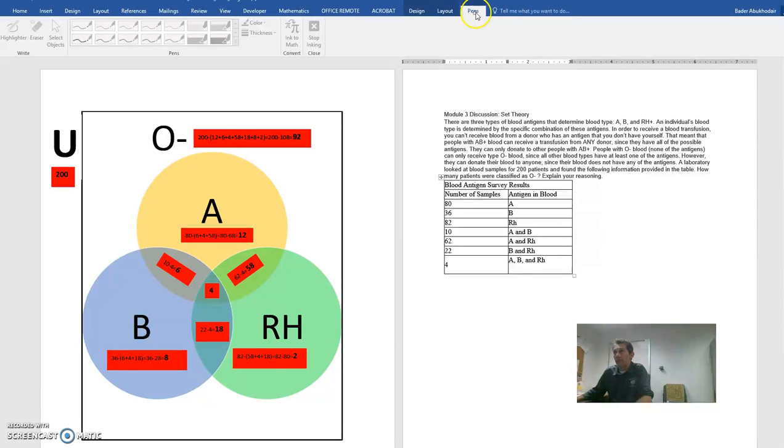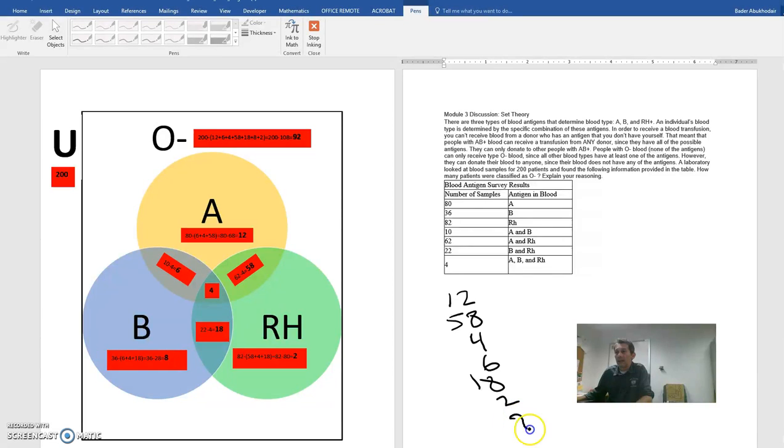So getting the pen out, we have here 12, we have 58. I'm just going to add the bold things. So 12, 58, 4, because they have the different characteristic, 6, then 18, then 2, then 8.